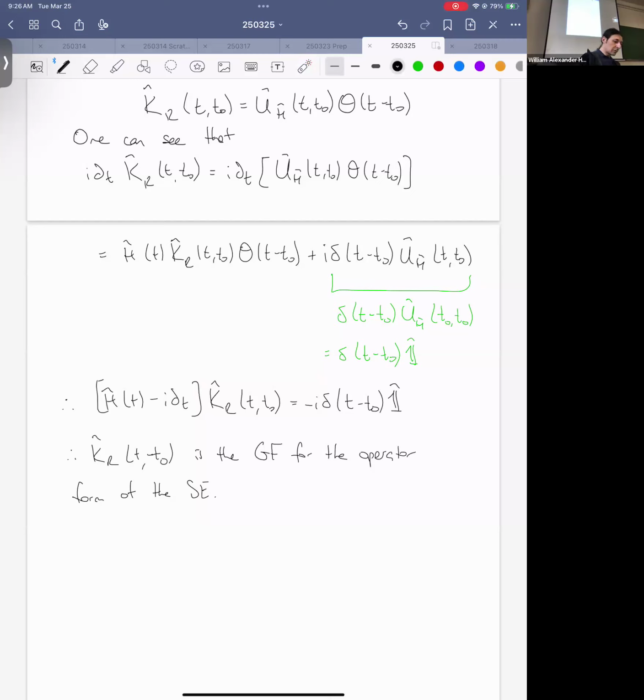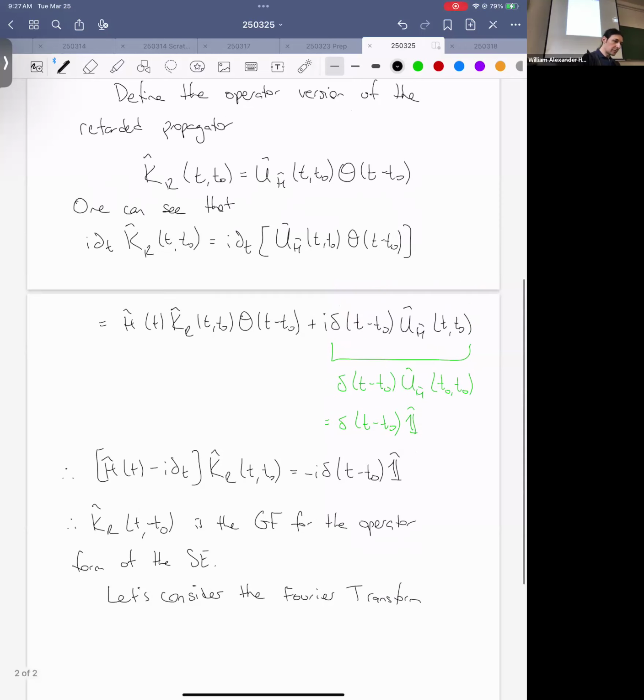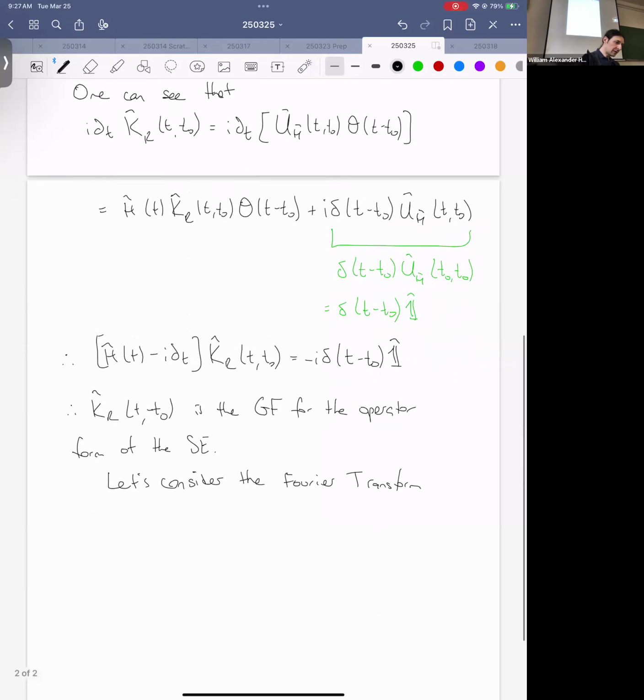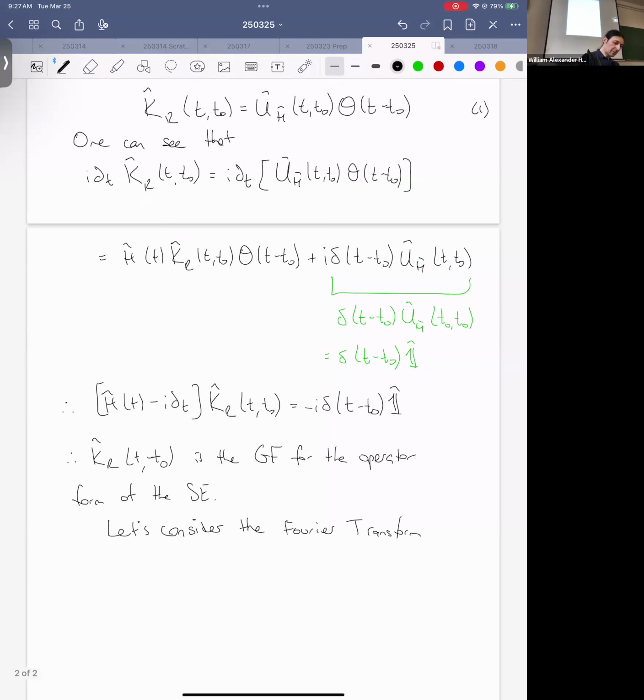Okay. So I'm going to do some manipulations, and they're perhaps not going to seem obvious why you would do it, but the result hopefully will be compelling. So maybe just hang in there for a minute. So let's consider the Fourier transform. Let me define as equation 1 that definition of the retarded propagator operator.